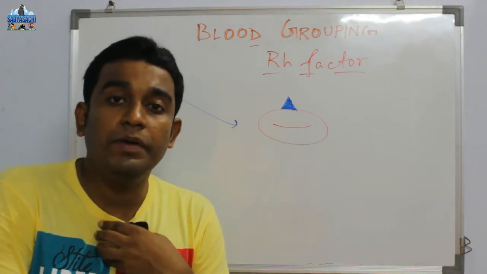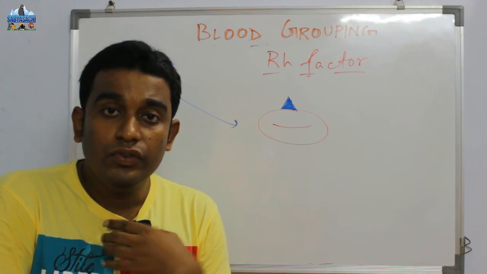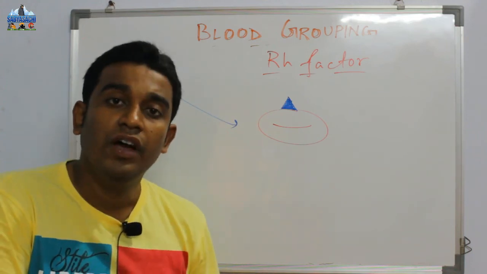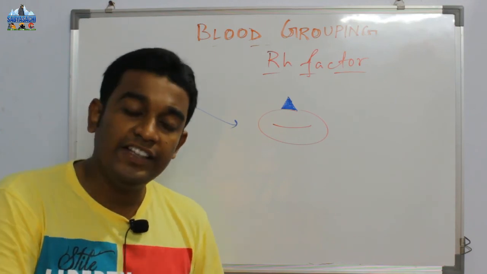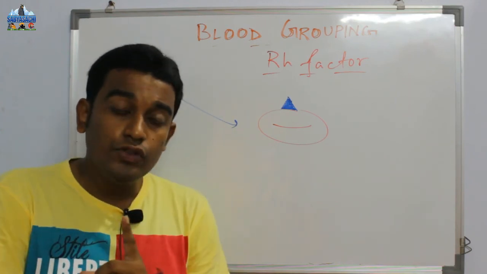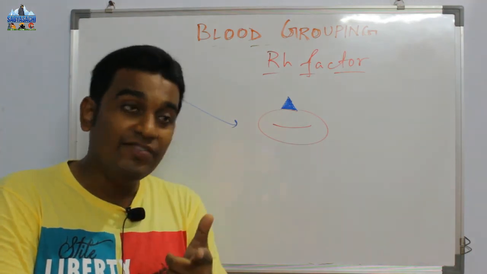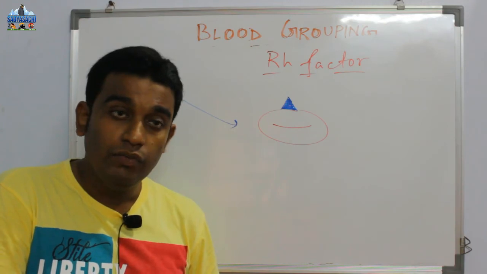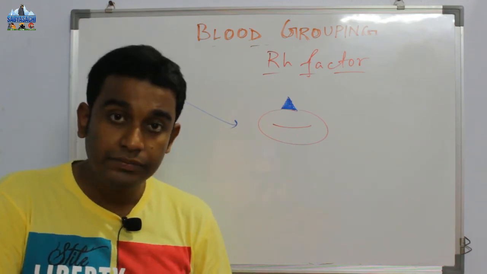Suppose my blood group is AB positive. Every time somebody asks me, I always say it is AB positive. I don't say it's AB, it's AB positive. Now my dear students, this positive and negative comes into this section, that is the Rh factor, which is also known as rhesus factor.